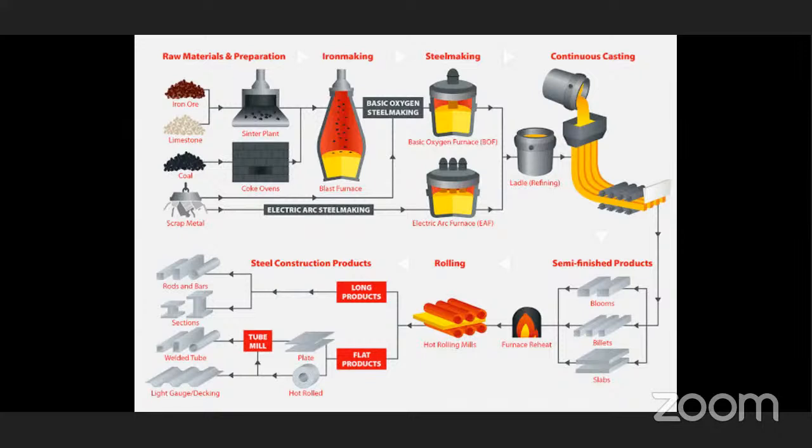So the two different kinds of processes, depending upon the nature of the slag produced, are acid steel making and basic steel making.